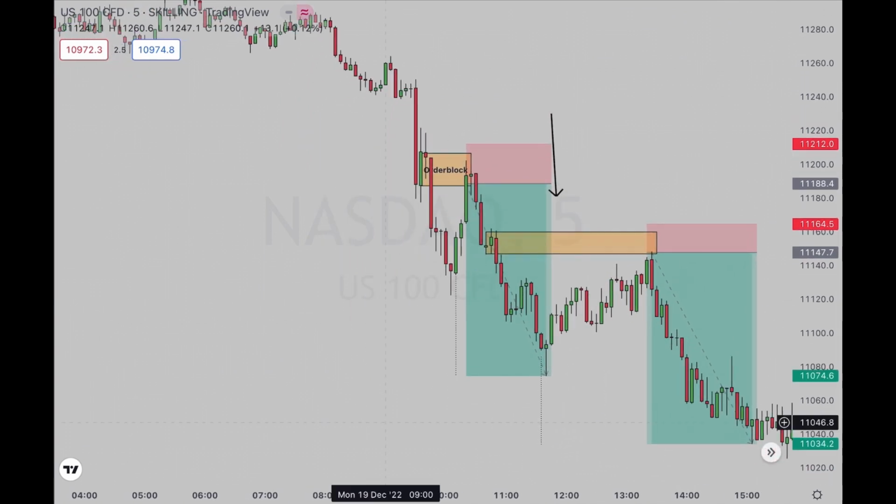So you could also combine this with time and price theory. Okay, so what does time and price theory say? It says that your setup will either be at 8:30 or at 9:30.